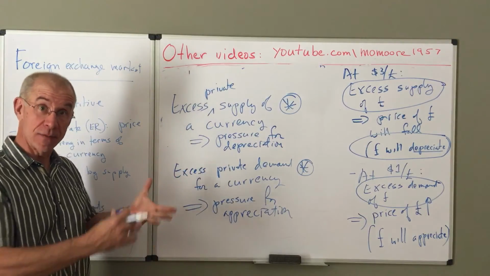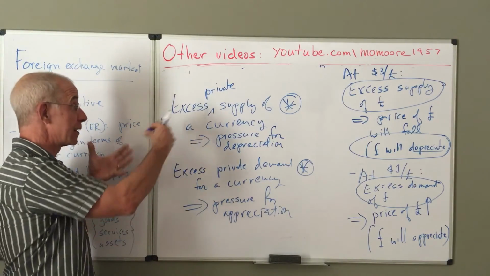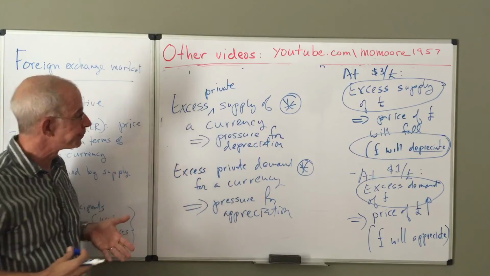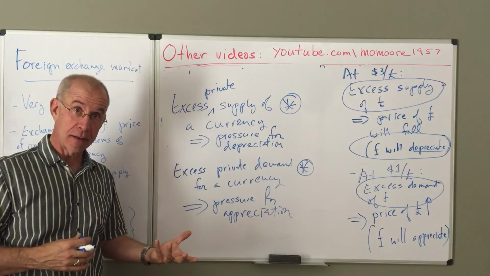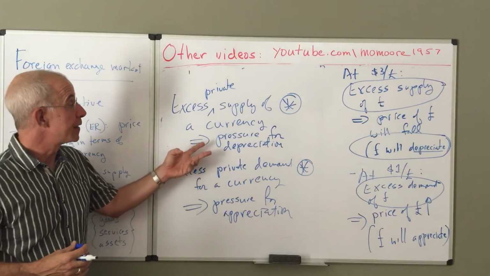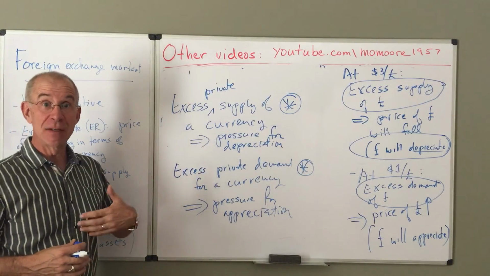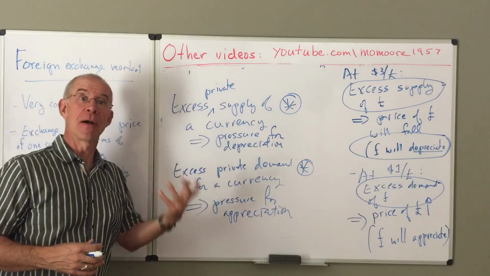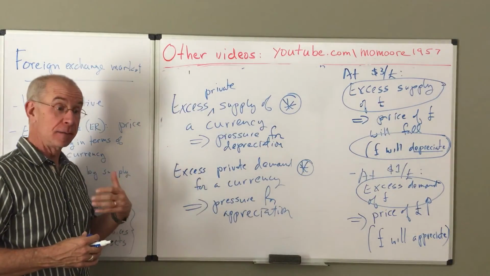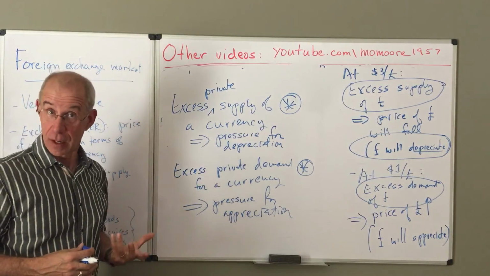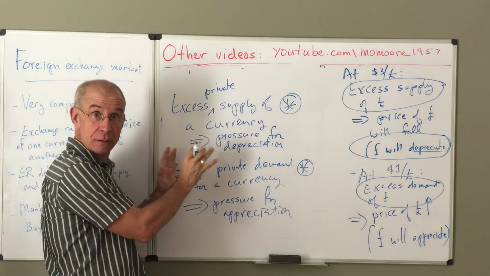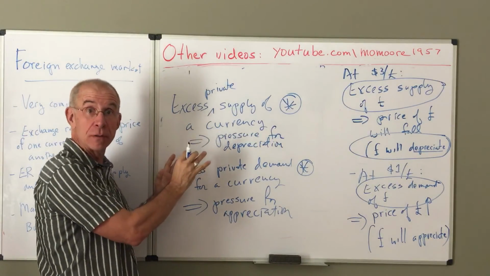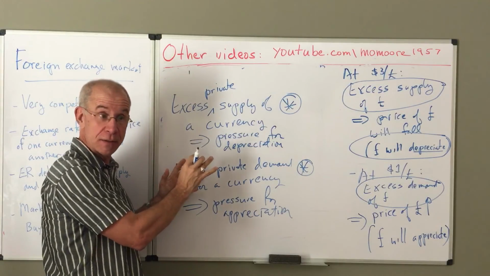You have the price of the currency changing as a consequence of these underlying pressures. In a fixed exchange rate regime, which we'll talk about in much more detail, this pressure for depreciation is thwarted, is counteracted by the actions of a government. But that doesn't mean that there isn't this pressure underneath the system.